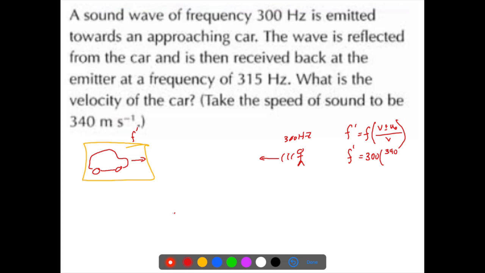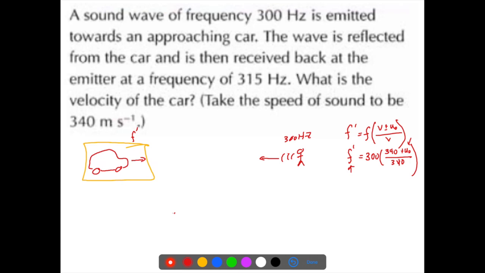And I know that the car should be hearing a higher frequency because it's moving towards the source. And so I'm going to add on UO here, and it's all going to be divided by V, which is 340. Now, the problem is that we don't have either of those, so I can't actually solve it yet.